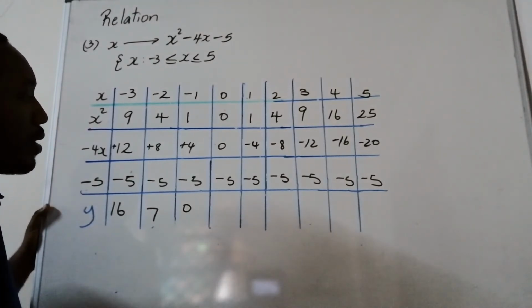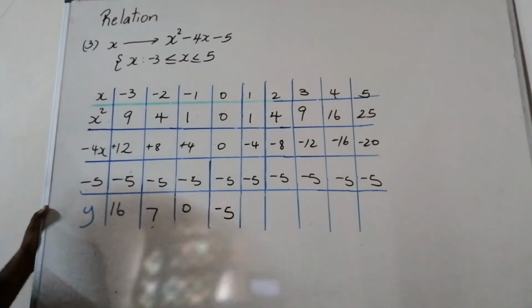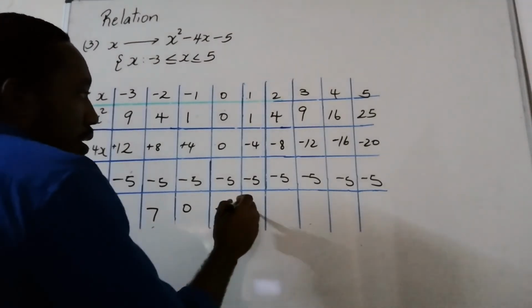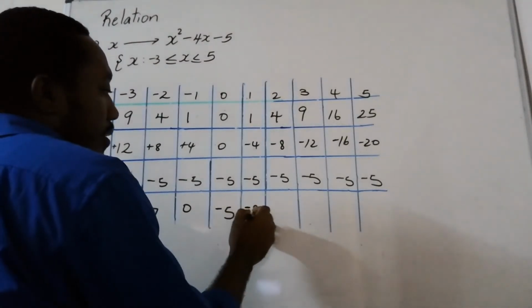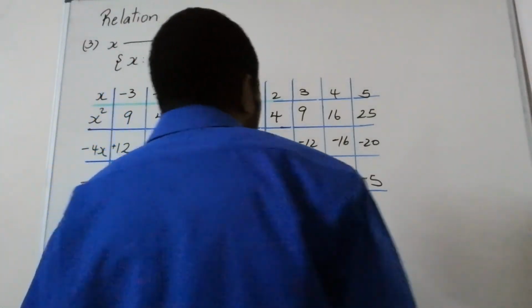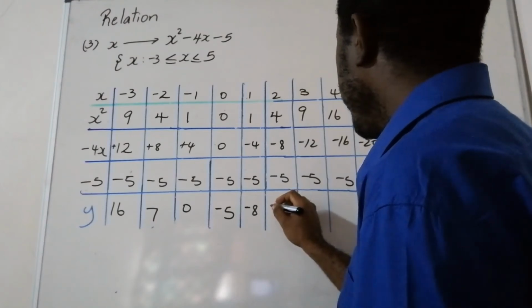When we have 0 plus 0 take 5 will give us minus 5. 1 take 4 take 5 will give us minus 8. 4 take 8 take 5 will give us minus 9.